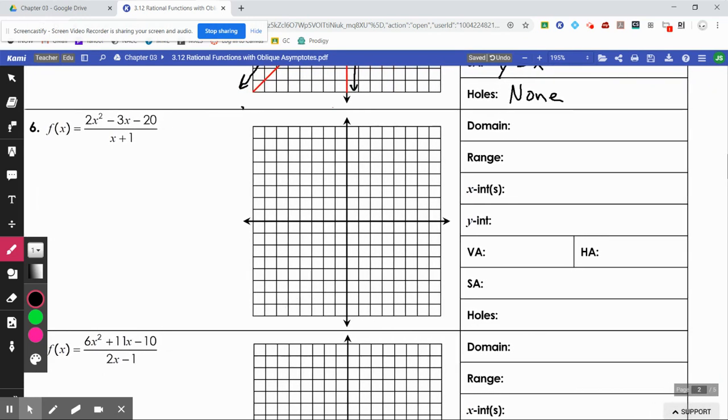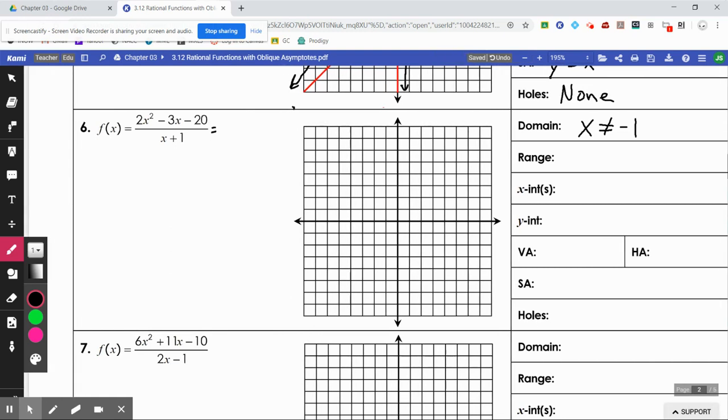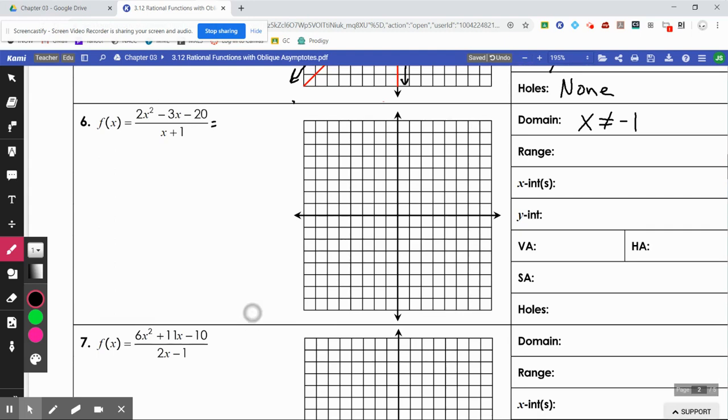Number 2. The degree on the top is bigger than the degree on the bottom, but let's go ahead and take care of all of our domain first. There's only one restriction. x cannot be negative 1. Let's find out if you have a hole or a vertical asymptote at that negative 1 by factoring the top. The top, again, is going to be our slip and slide method. So that's going to be x squared minus 3x minus 40. Two sets of parentheses, x and x.